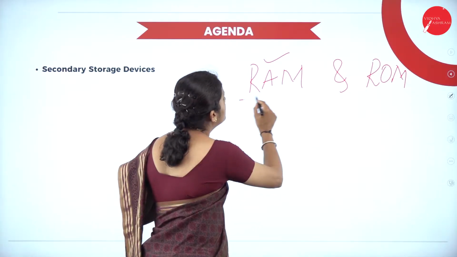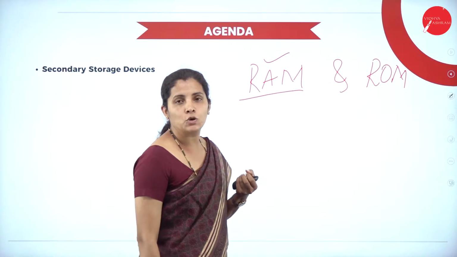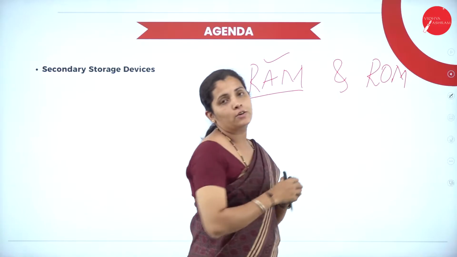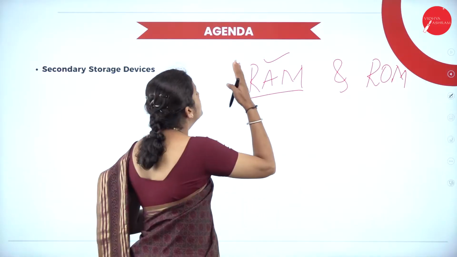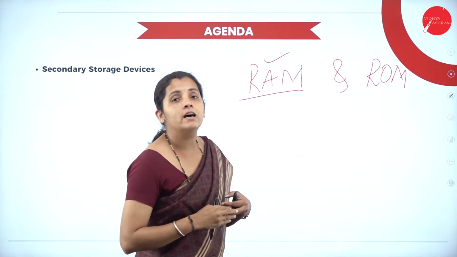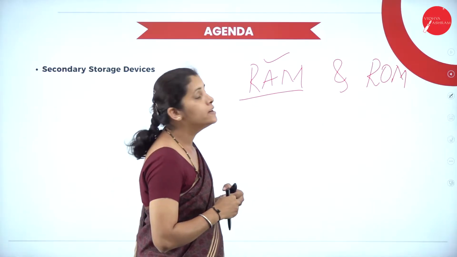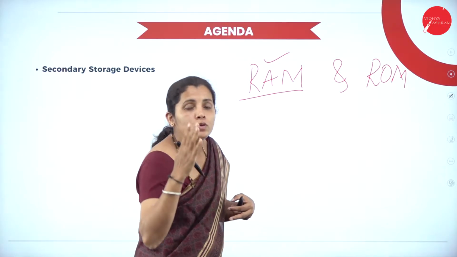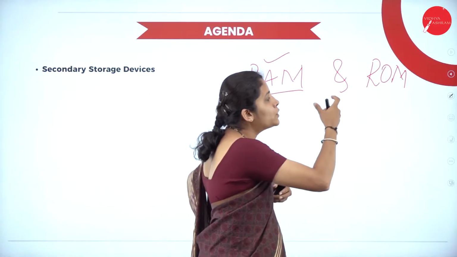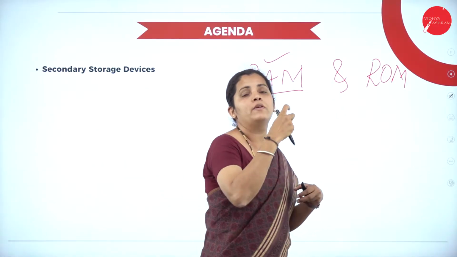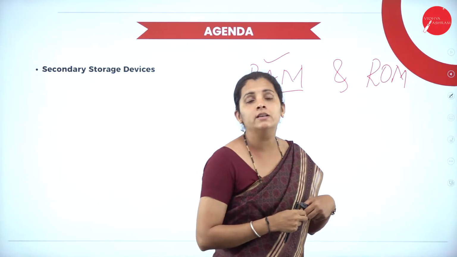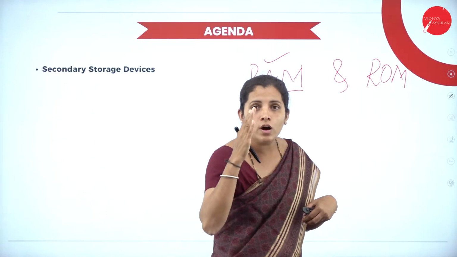Random access memory is called volatile, whereas ROM is called non-volatile. In RAM, the data and instructions being accessed by the CPU or processor are stored, whereas ROM holds some of the data and information that is accessed during the starting of your computer.